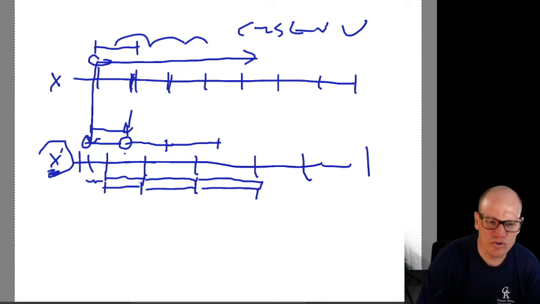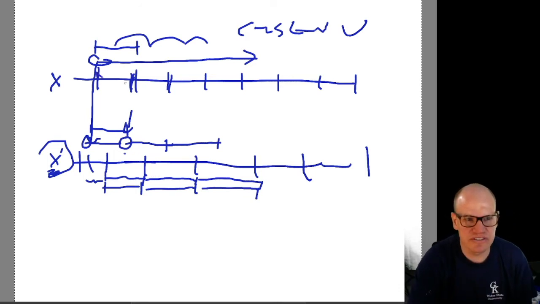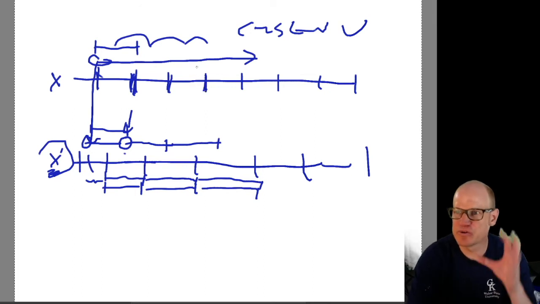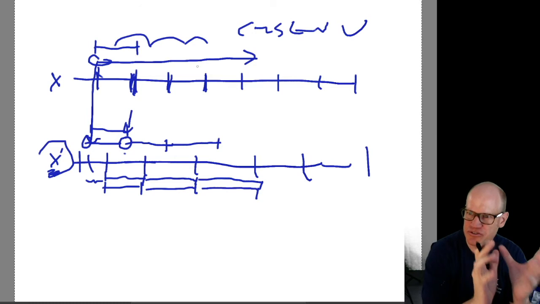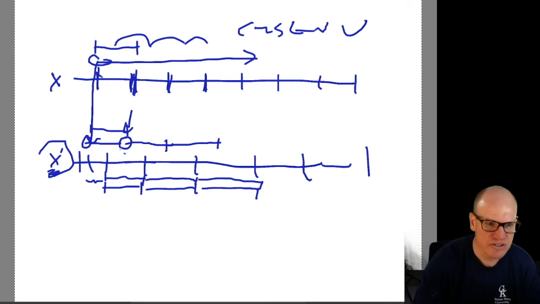And so the coordinate system means something. How the coordinate system is laid out affects how you would map what's happening onto your mathematical model, because your mathematical model is, I'm going to map distance onto a number line.